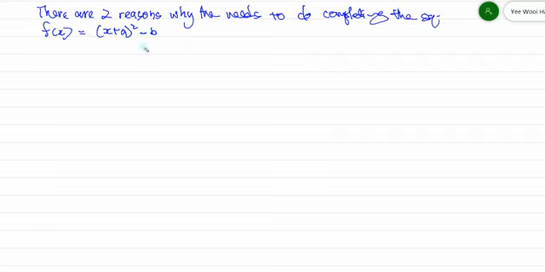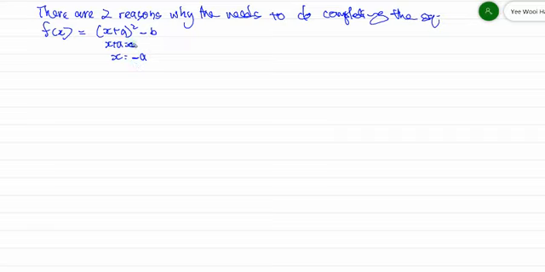Now if you manage to convert the function into this manner, then your x coordinate of the turning point is where x plus a equals 0, so x becomes minus a. So this is the x coordinate of your turning point.